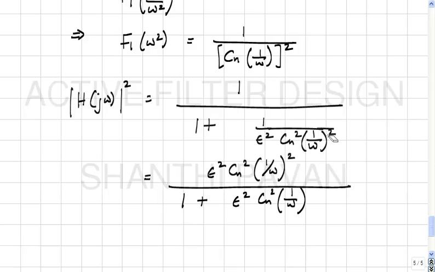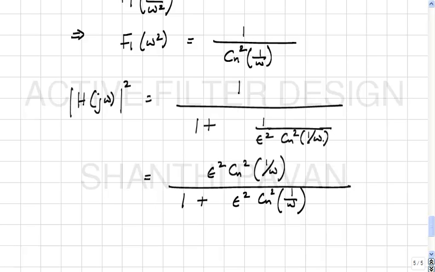Sorry, it's a function. Actually, I think I will just denote this by Cn square of 1 by omega. So the approximation becomes epsilon square Cn square of 1 by omega divided by 1 plus epsilon square Cn square of 1 by omega.